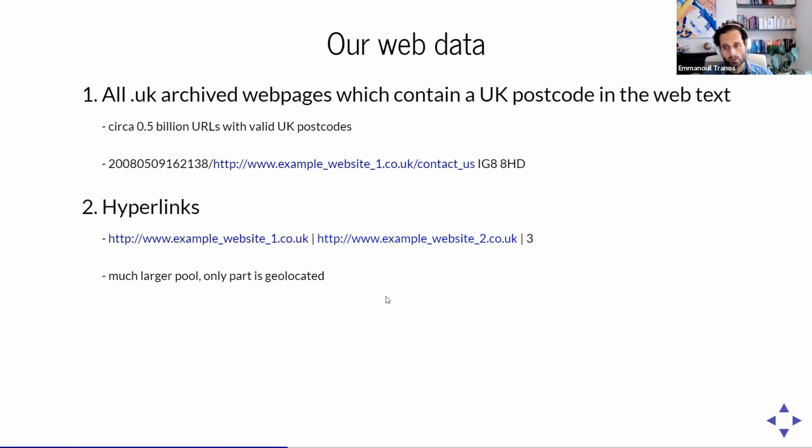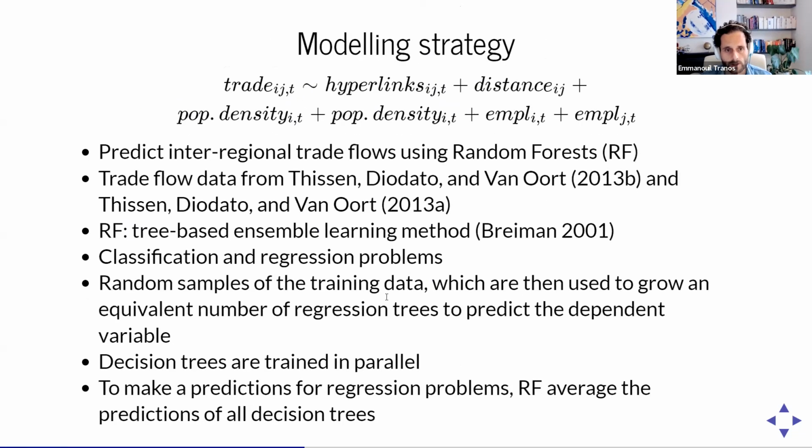So what we do, briefly speaking, is to match these two data sets and create a spatial network, if you prefer, of hyperlinks between geolocated websites. This is the main source of data we use, and then we utilize these data in order to build models that enable us to predict trade.